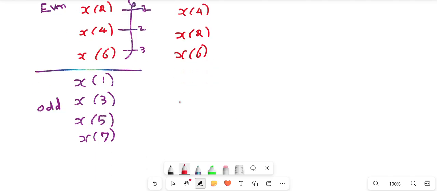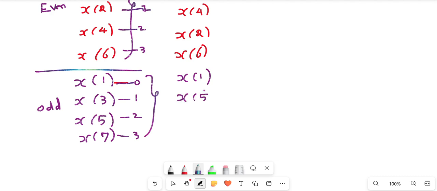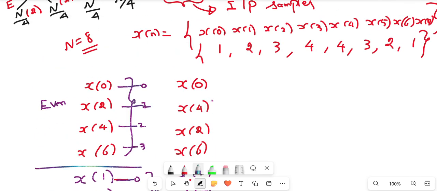Similarly for the odd part, again with 0th, first, second and third positions, you divide into even and odd, giving x of 1 and x of 5, and x of 3 and x of 7. You can continue the decomposition until 2-point DFTs are obtained. This is an example for an N-point sequence.